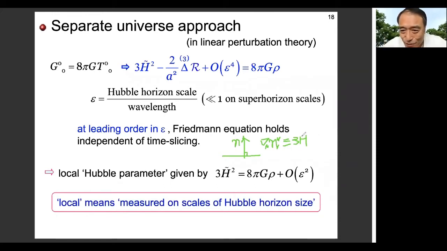But when you talk about the expansion rate, we talk about the expansion rate of the length scale. So that's why H is defined like this. This is essentially the fully nonlinear definition, but here it's tilde because this has some perturbations. This is perturbed.